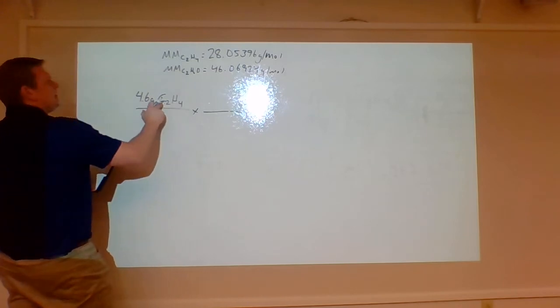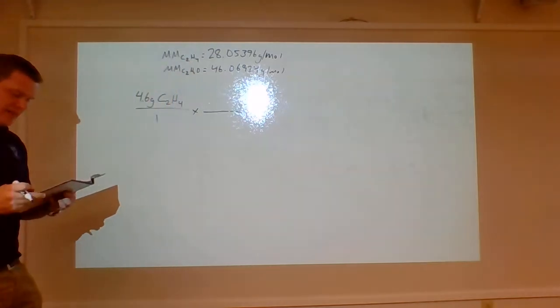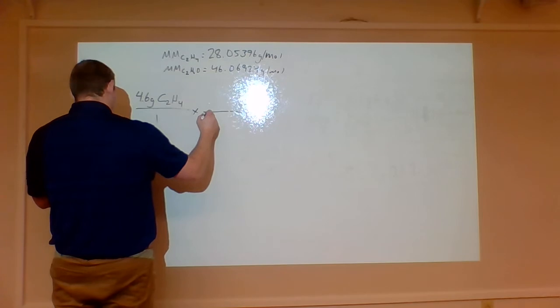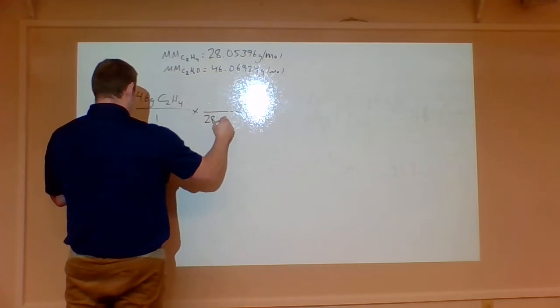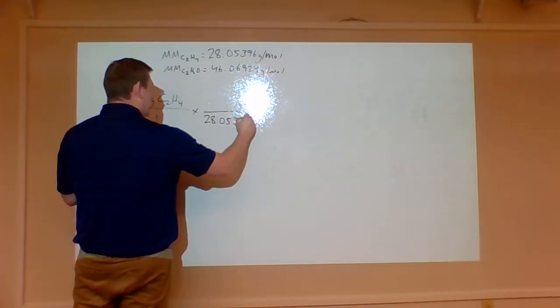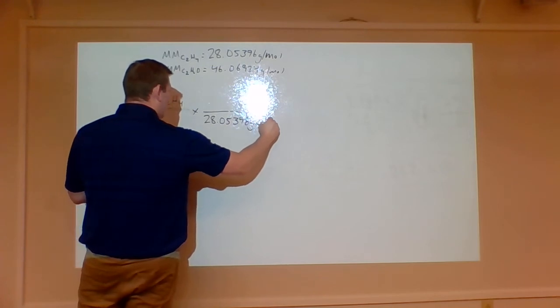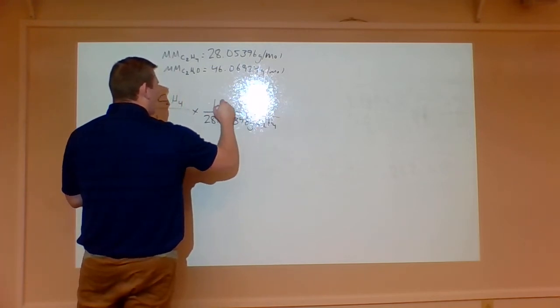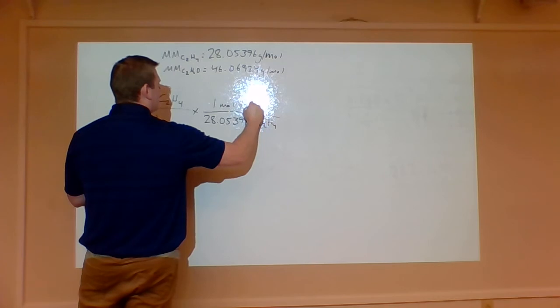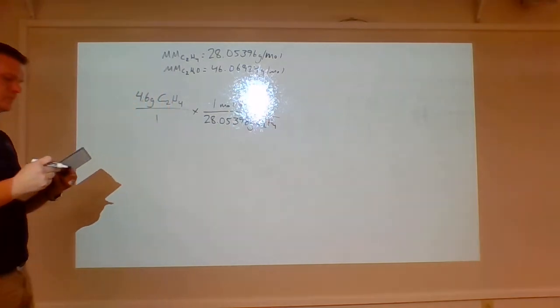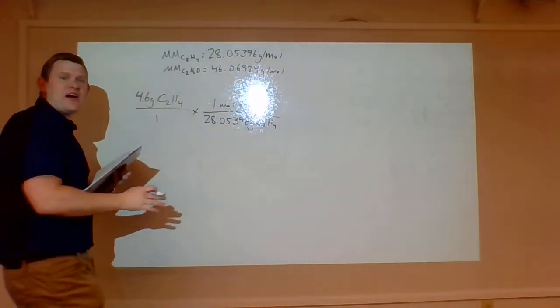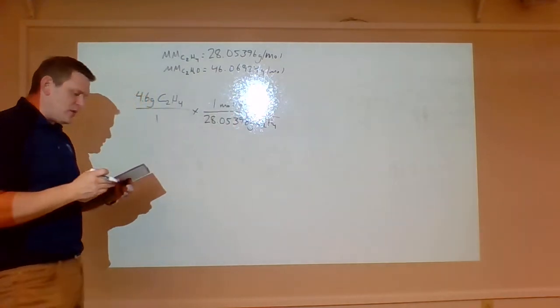Since we're working with C2H4, we're going to use this molar mass up here: 28.05396 grams of C2H4 is equal to 1 mole of C2H4.